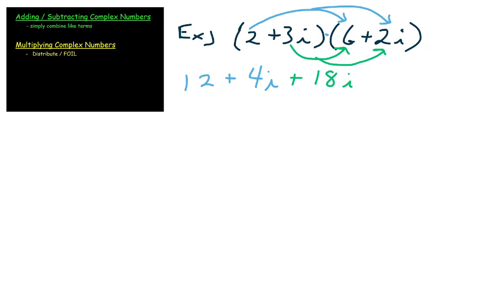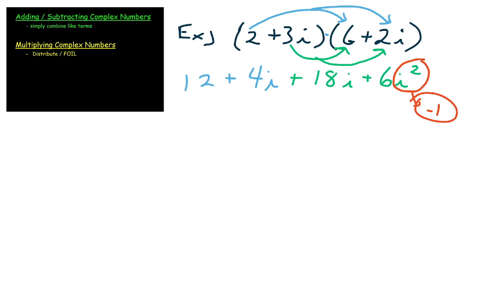Now, 3i times 2i, it's actually kind of the heart of this problem. You see, the 3 and the 2 certainly give you 6, but the i times i, now that is going to give you i squared. Why is that so special? Well, do you remember from yesterday that i squared actually has a value? Yes, i squared is equal to -1.